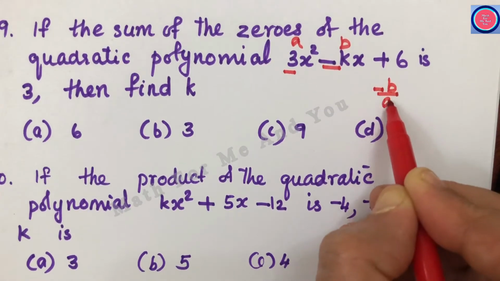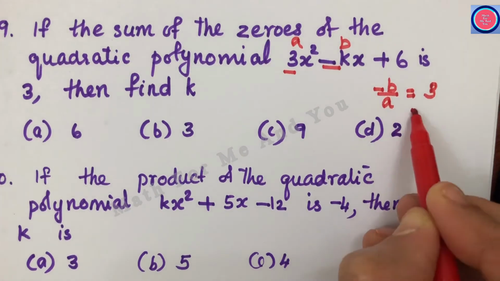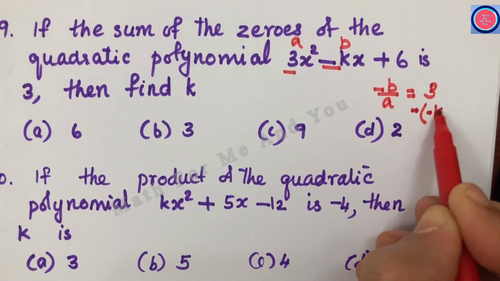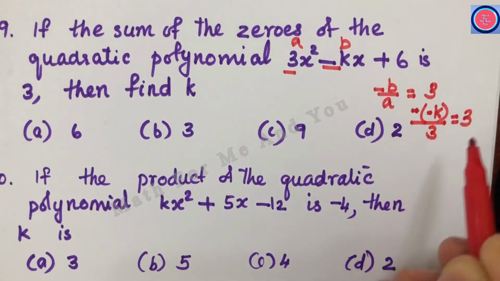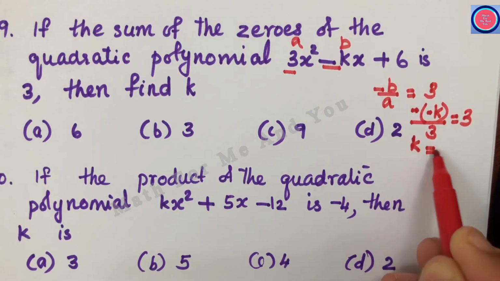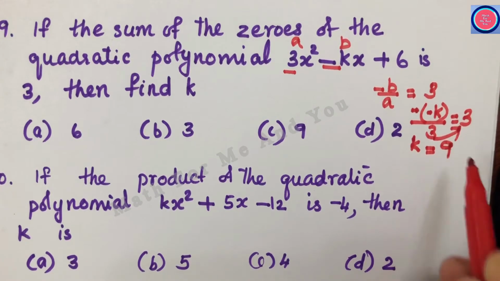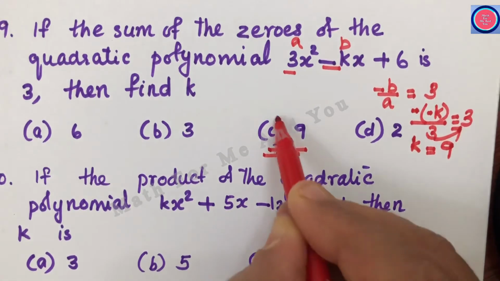So we can write minus b by a equals 3. Substitute the values. Minus of minus k divided by 3 is equal to 3. Then we get minus of minus k. Minus minus become positive. So we can write k is equal to 3 times 3, that is 9. So from here we can see option C is 9. That is the correct answer.